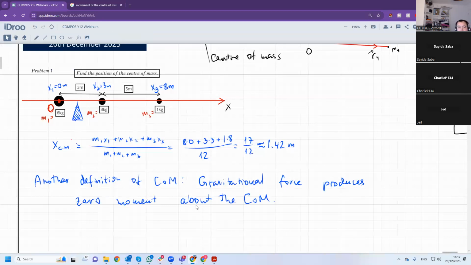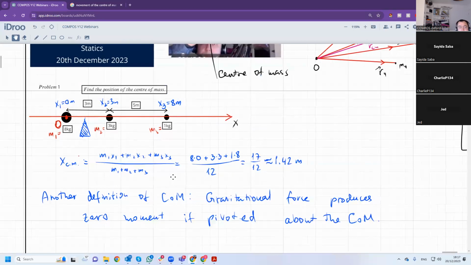When we say about the center of mass, we mean the pivot is at the center of mass. I hope that makes sense. So if you place the pivot at the center of mass, gravitational force will produce zero moment. Okay.